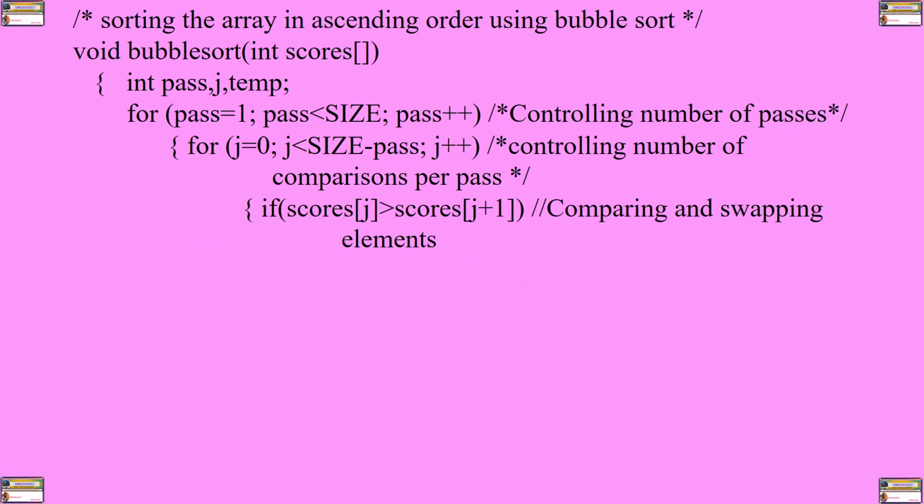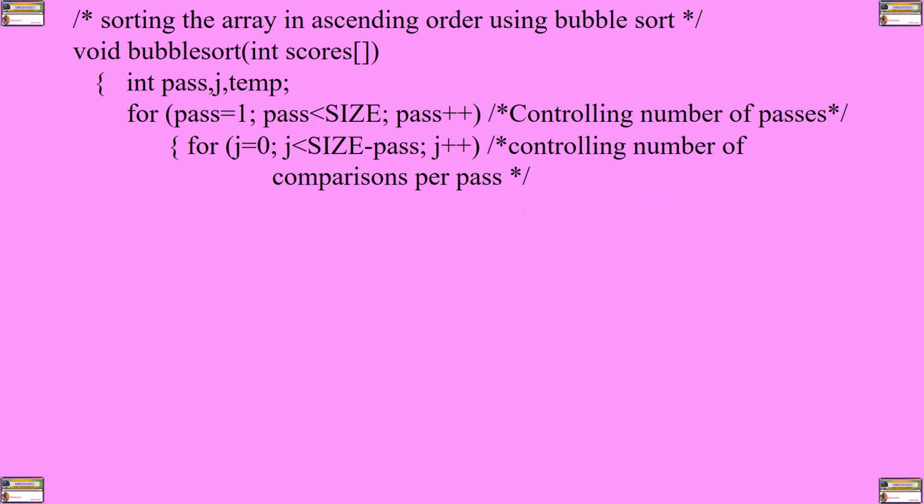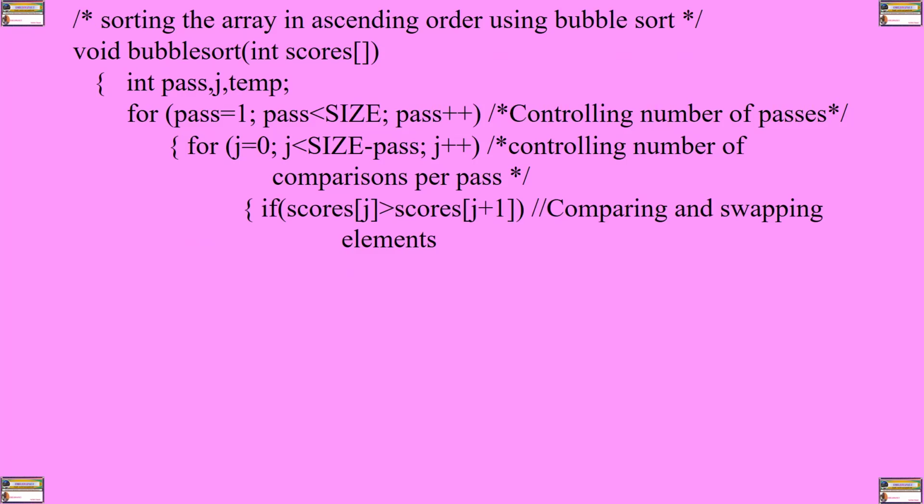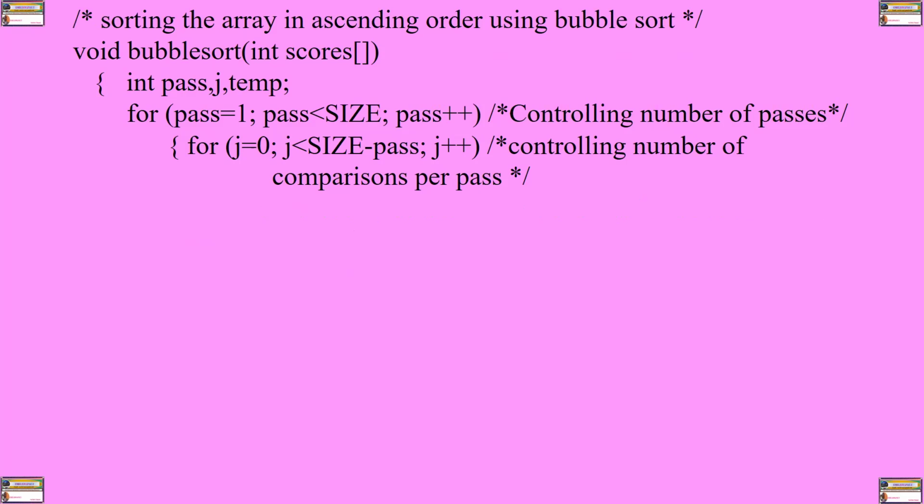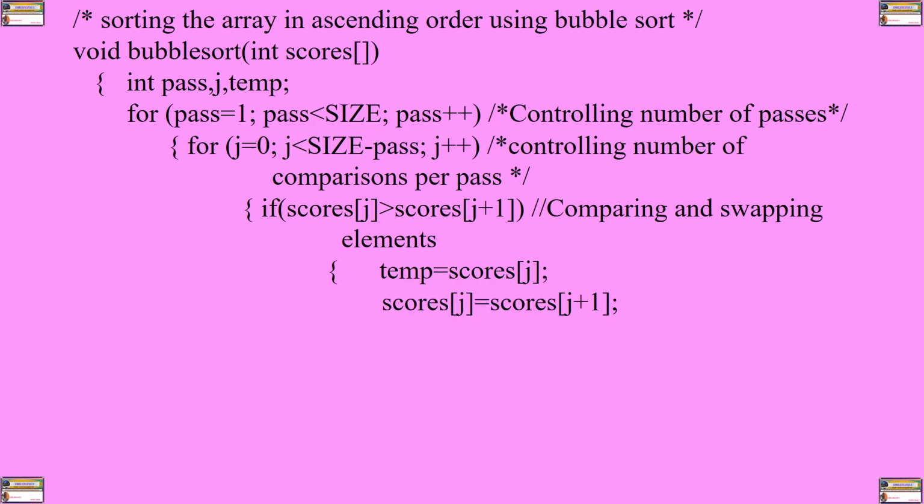We would retain them. So this sign here would not be greater than. We would use the less than, so that we bring the bigger one in front and the smaller one to follow next. The way it is, this one will arrange them from the lowest to the highest.